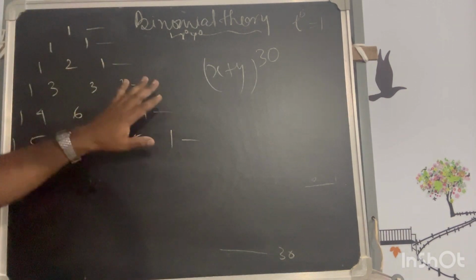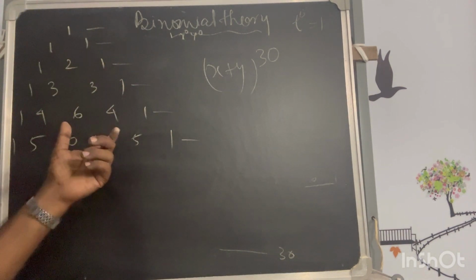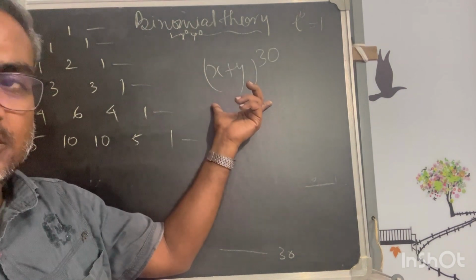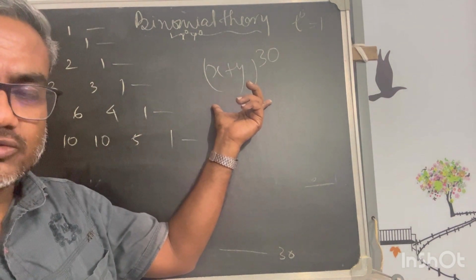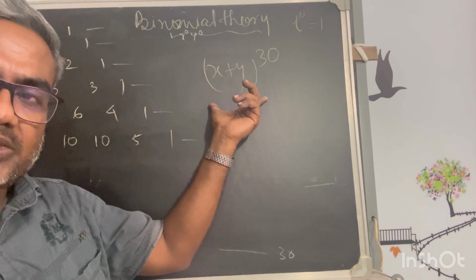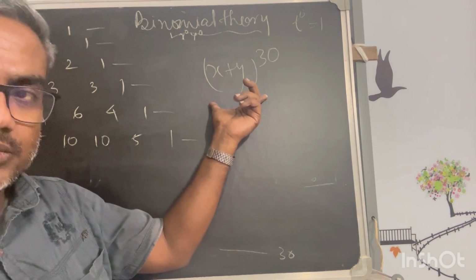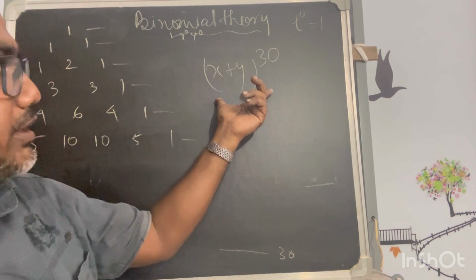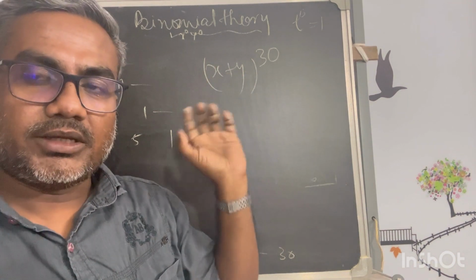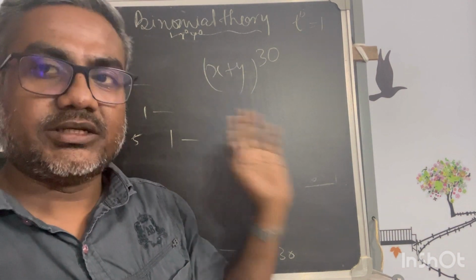Is it possible to find it like that? How much time would you need to solve this? It will be enormous time. So there must be something else which is needed to make it easy, comfortable and very generic.